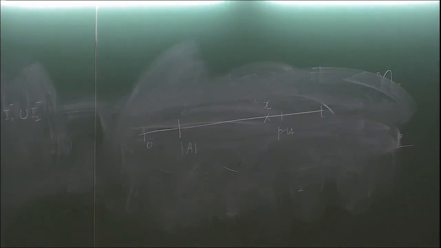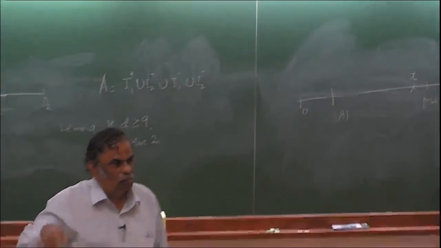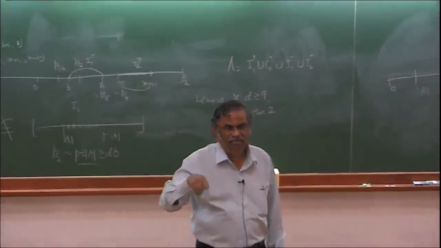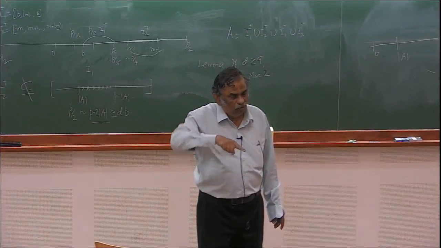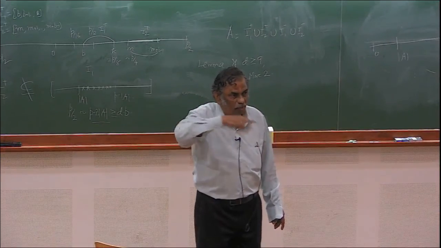This is the last stage: once it goes by d, it goes outside the interval. Because otherwise it will be only move 1. If it lies inside the interval, it will be move 1. Move 2 means it has to go outside and come back.